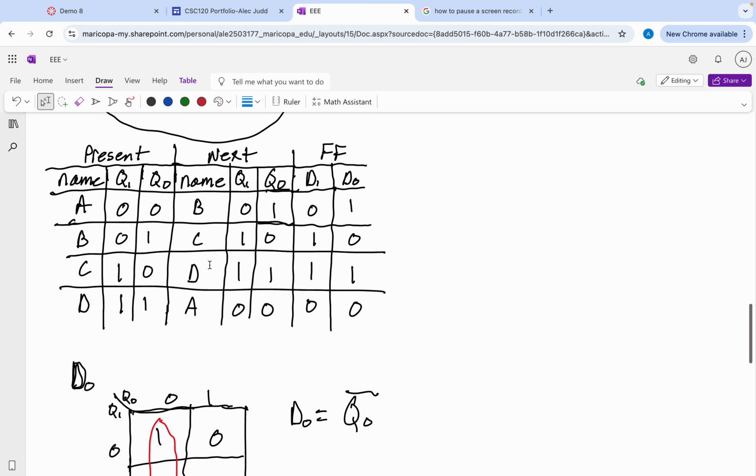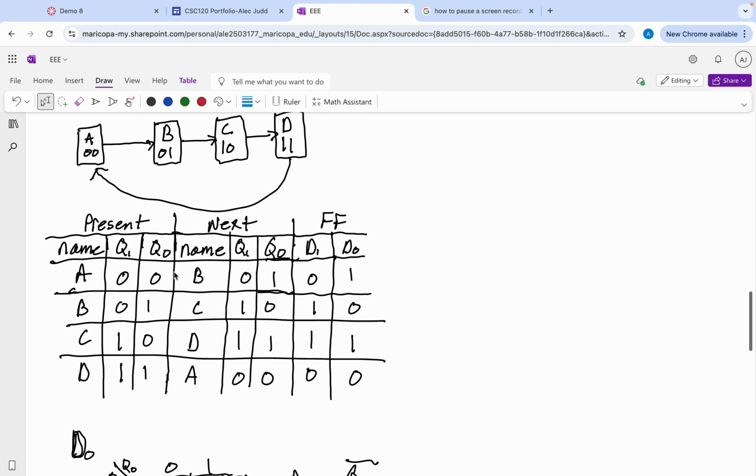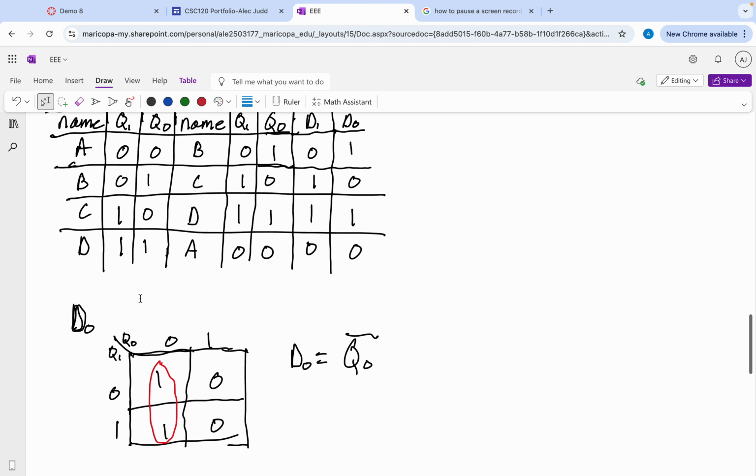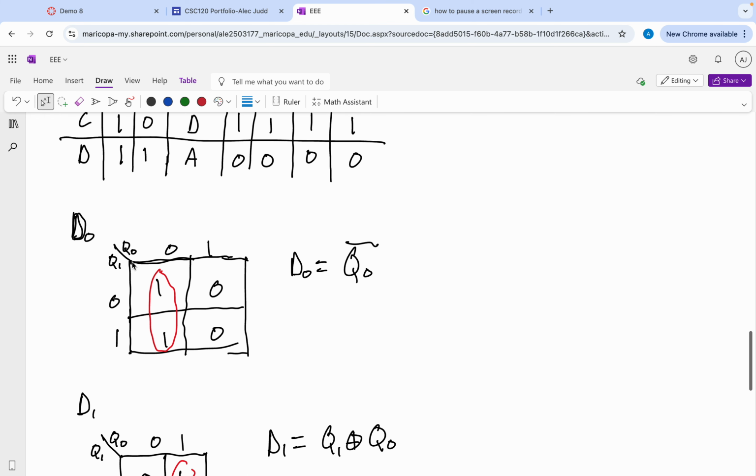So then we'll take that and we'll do the same thing. We'll make a K-map for D1, D0. So for D0, at 0, 0 and 1, 0, we have a 1. And so that gives us the Boolean equation of not Q0, because they're both 0, not Q0.